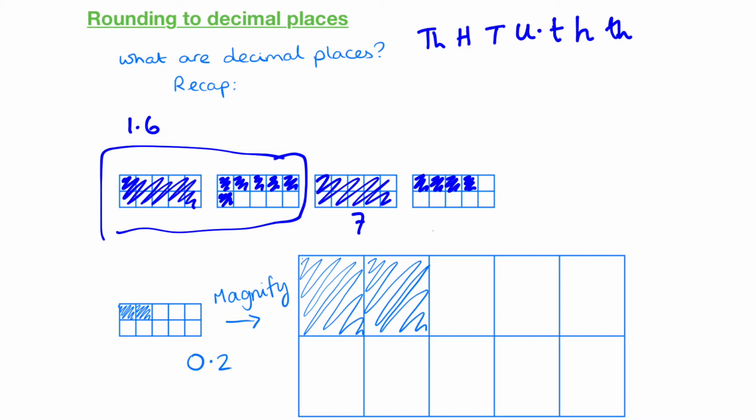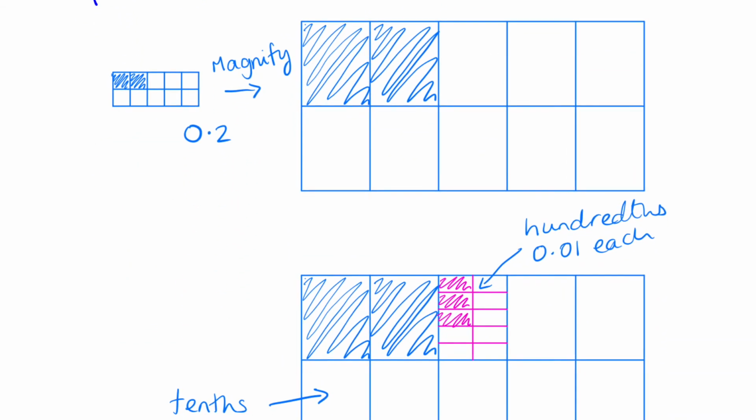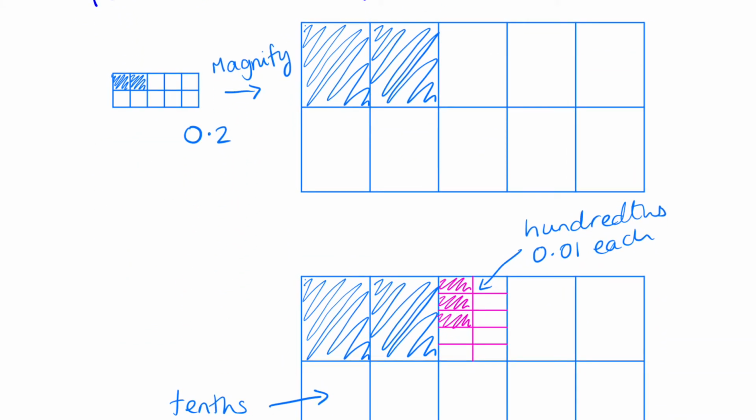Okay, it's tenths. So if we just stick to numbers less than 1 just now, if we think about 0.2, so as we've been looking at here in our diagram a moment ago, 0.2 can be represented by 2 out of 10.